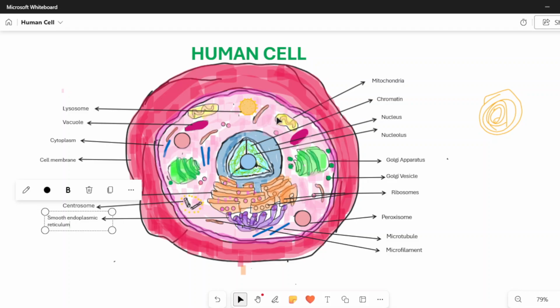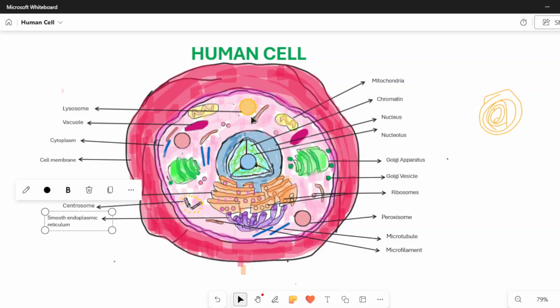So that's why it is called the powerhouse of the cell. So if mitochondria does not produce any energy, nobody will have the energy to do anything in the cell and the entire cell will die. So mitochondria is that much important for the human cell.